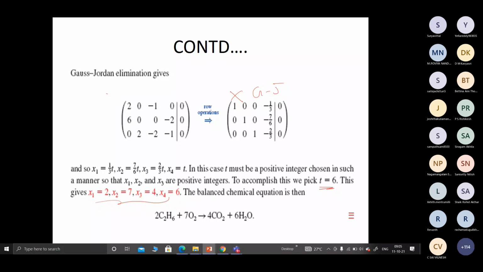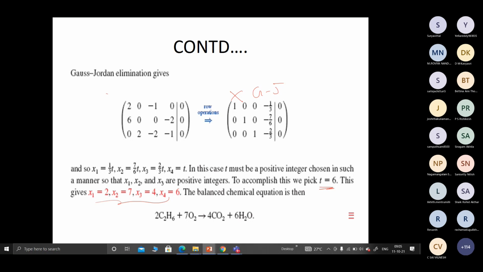So therefore, though theoretically it allows you to take any value, practically you have to see which value suits you. Negative value is not possible, fractions should not be there. Even if a fraction is there, you have to eliminate the denominator by multiplying by the LCM of the denominators throughout. Take the LCM and multiply throughout the equation, and you will eliminate the denominators. That's something you have to do.